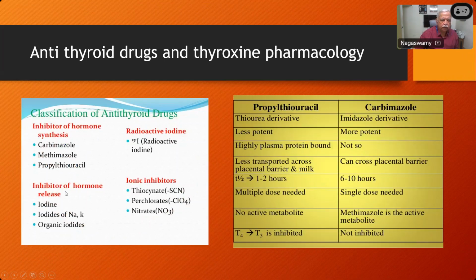Inhibition of release, which is by iodine, iodide, and organic iodide, and complete destruction and prevention of hormone release is by radioactive iodine. This is mostly for very severe Graves' disease, where the thyrotoxicosis is very severe. You can give this. Then ionic inhibitors like the thiocyanate, perchlorate, and nitrates.